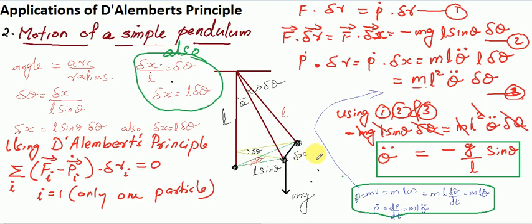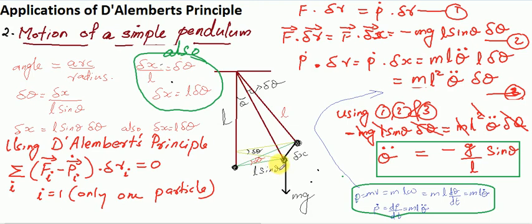So using the equation angle is equal to arc divided by radius, we can write delta theta equal to delta x divided by L sin theta. Why is L sin theta? You see, if this is L and the angle is theta, and this is the side opposite to the angle, so it is L sin theta.